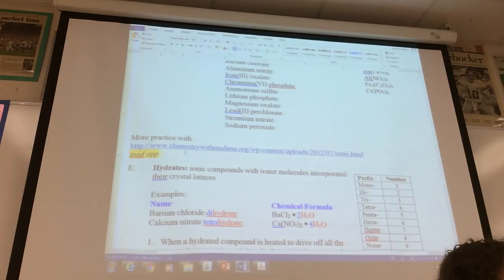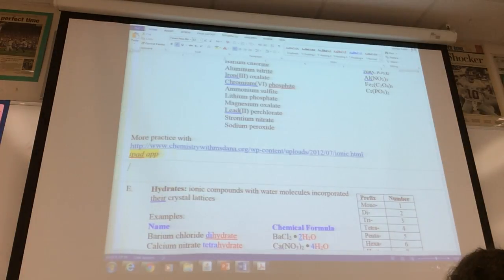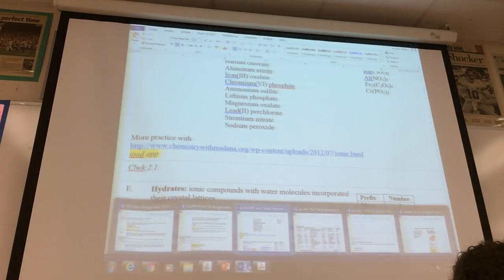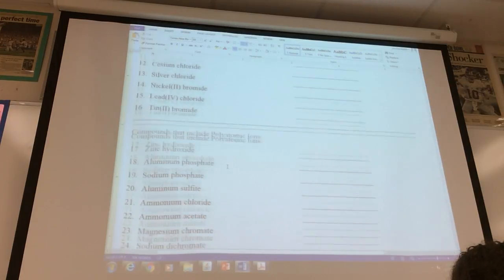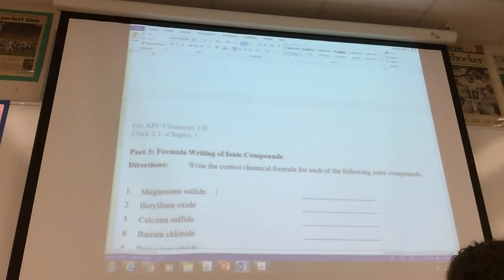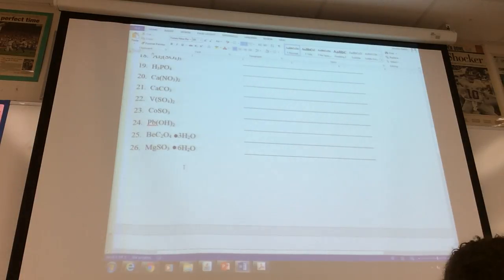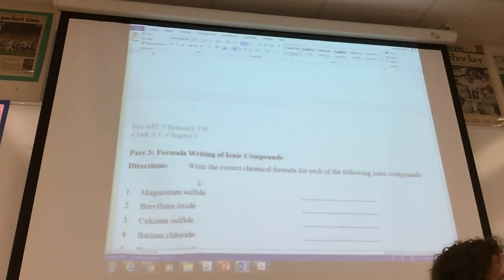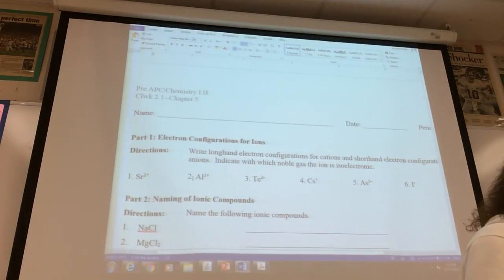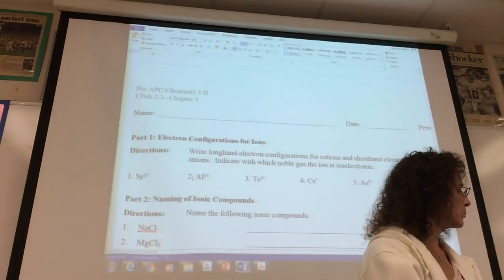And I'm asking you also, you can do classwork 2-1. You did some of it last night. You can do almost all of it, but you cannot do the last questions, 25 and 26, 29 and 30. We haven't gone over those. Everything else is doable after a short break.